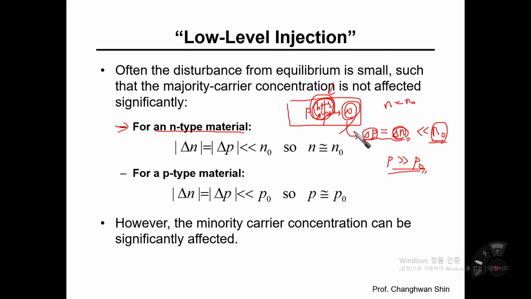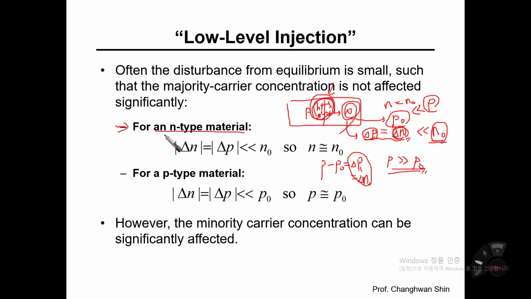However, the minority carrier concentration P naught has been changed a lot. Because of what? Because of the holes injected from the P side into the N side. So this P is much higher than P naught, but P minus P naught is defined as delta P, which is equal to delta N. Because of the charge neutrality condition, this equation is still valid.